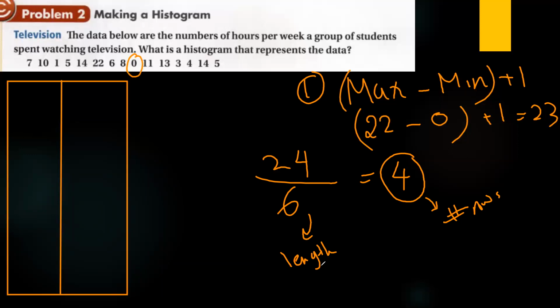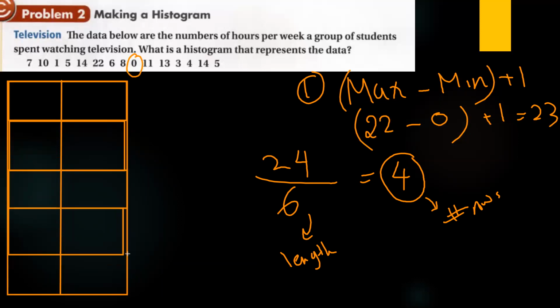What's the meaning of 4 being the number of the rows? That means when I come back now to my frequency table, I have 1, 2, 3, and 4 rows. And up here, let's write the unit. Here I'm talking about the number of hours, so we write hours.